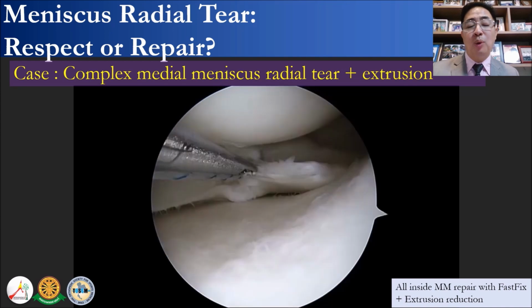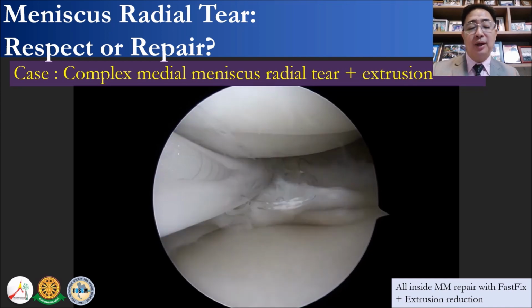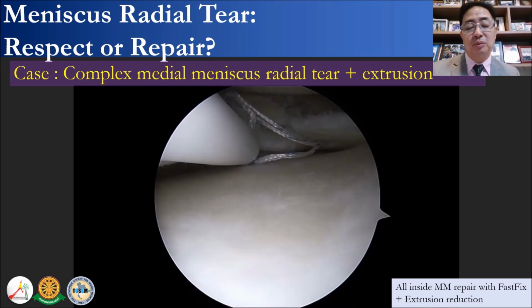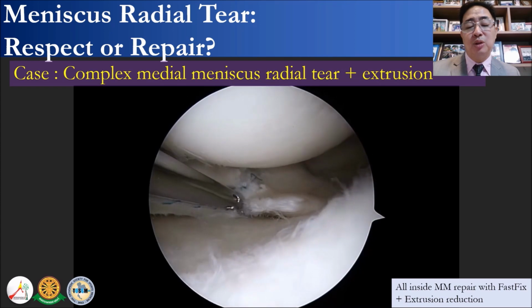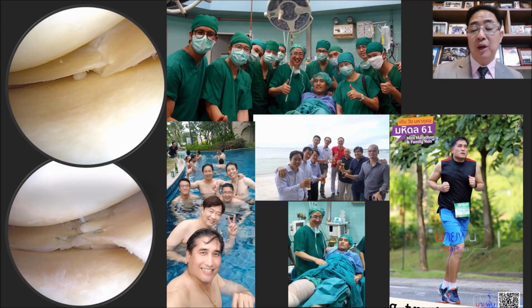You should do over reduction because over time this gap will be widened. So when you do repair using the fast fix, always repair upper and under surface. So he got very good outcome and go back to sports. Okay, he's my good friend. I did that for him both sides.